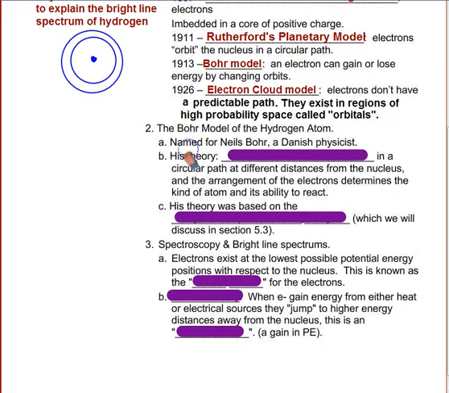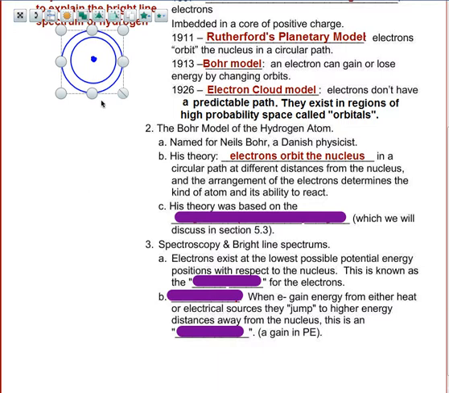The Bohr model was named for Niels Bohr, who was a Danish physicist. His theory was that electrons orbit the nucleus in a circular path at different distances from the nucleus. So let's take our little drawing here and drag these guys down.